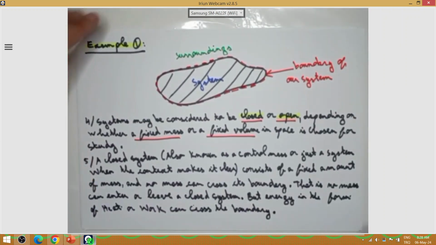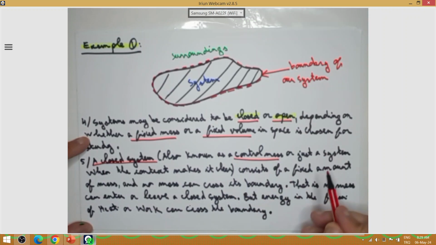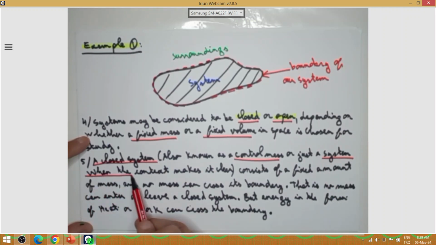So let's try to understand note 5. Note 5 says that a closed system, also known as control mass or just a system. So we can call it closed system, we can call it control mass, or we can call it just a system when the context makes it clear.